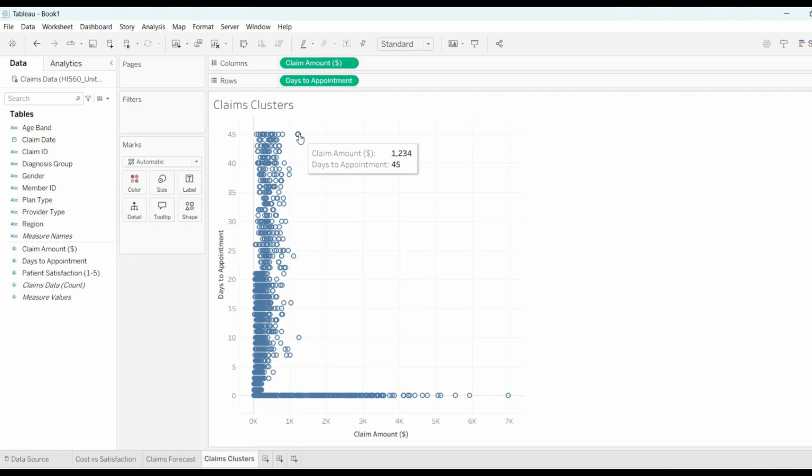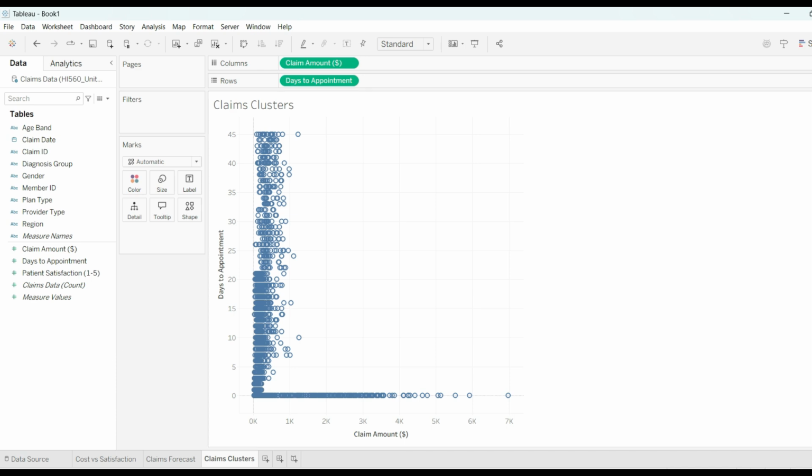Outlier. Days to appointment, 45. These are all 45. Notice the claim amount. That one's a little bit out there, okay? Again, remember I said there's going to be some clustered together where there's 0 days, because of a certain reason, like they had to go to the emergency room.